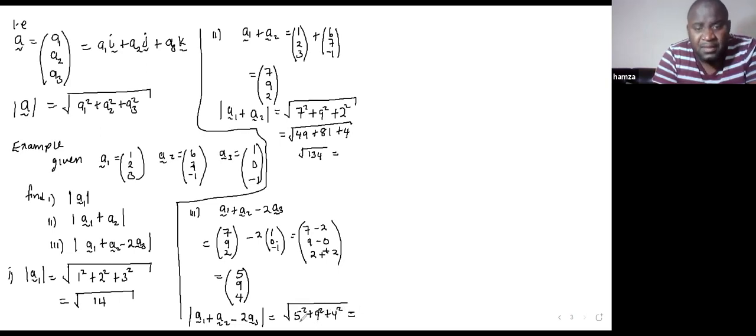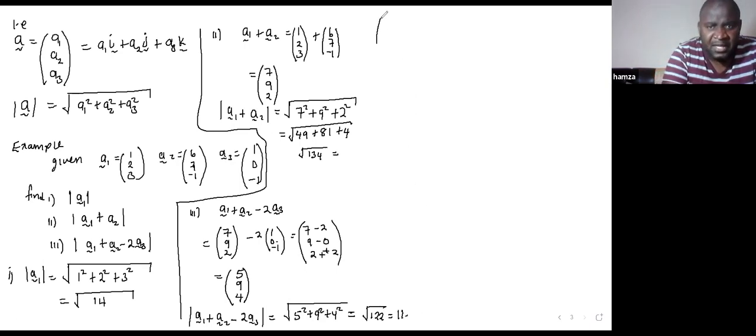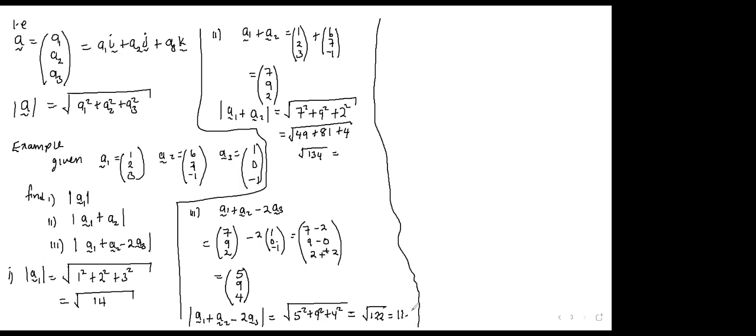And my answer will be 25 plus 81, that is 106. 106 plus 16, you get 122. The square root of 122 is approximately 11 point something. So you can always finish it up with a calculator and get those decimals. 11.045. Okay.